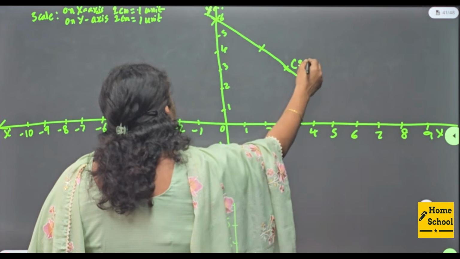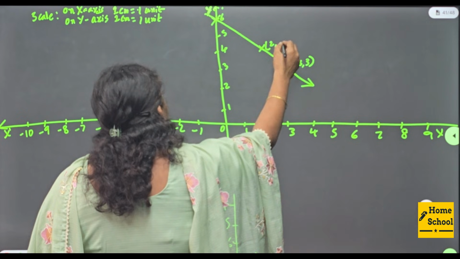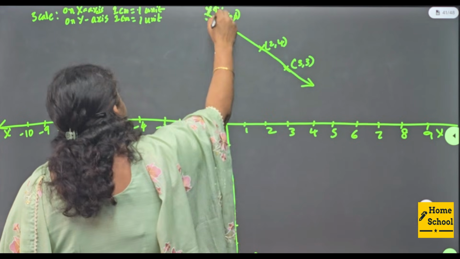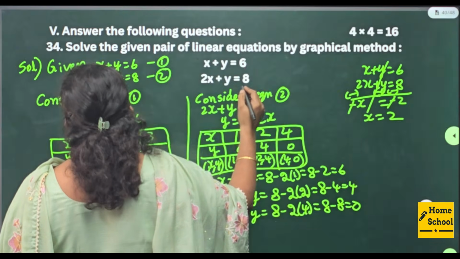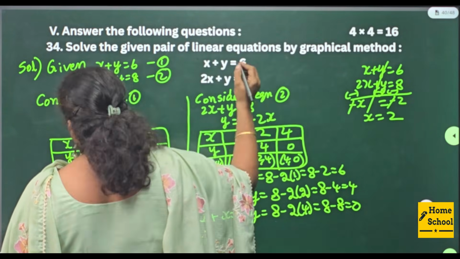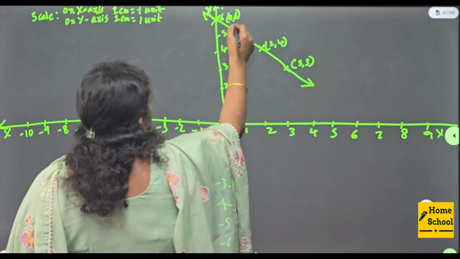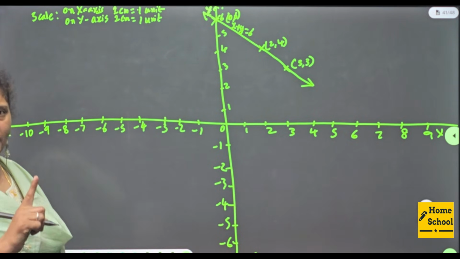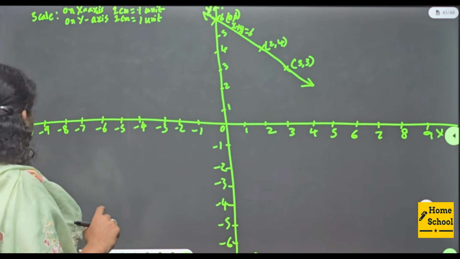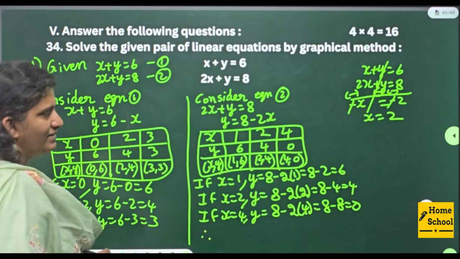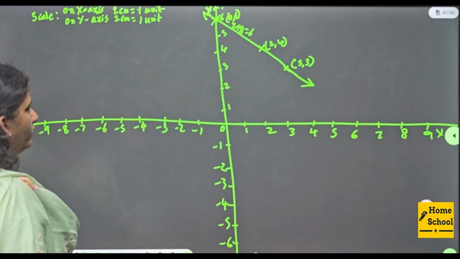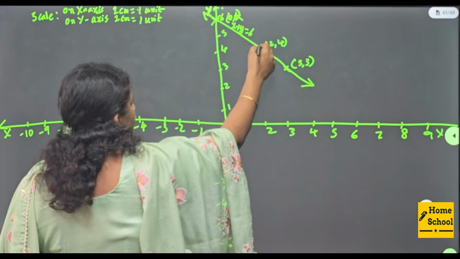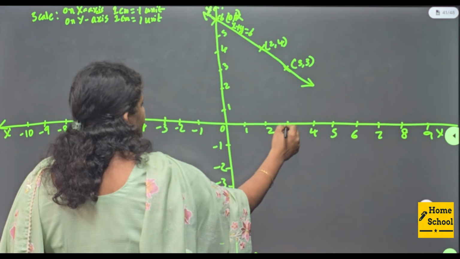This is the 3, 3 coordinate. 2, 4 and this will be 0, 6. And what is the equation? Equation is x plus y equal to 6. One equation line is completed. Now see the other one. 1, 6, 2, 4, 4, 0. 1, 6 here. 2, 4, 4, 0.